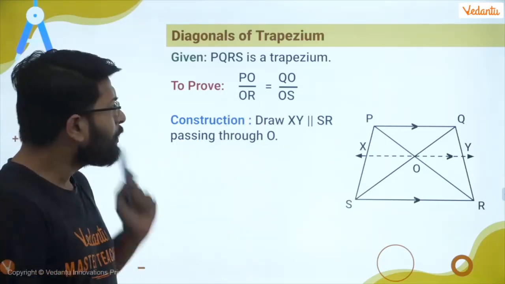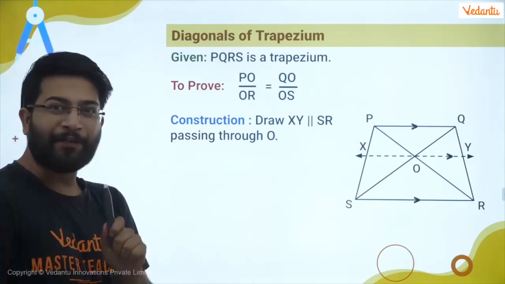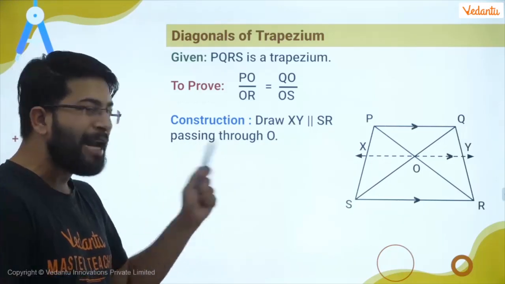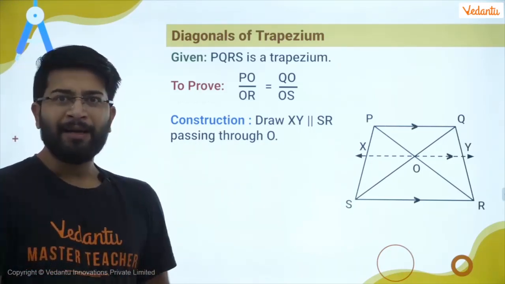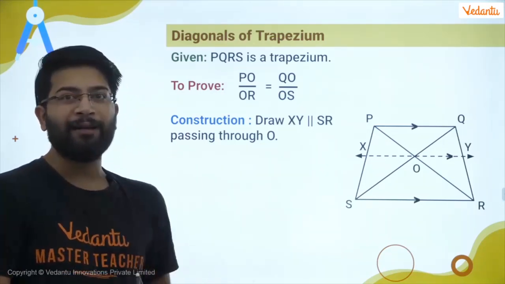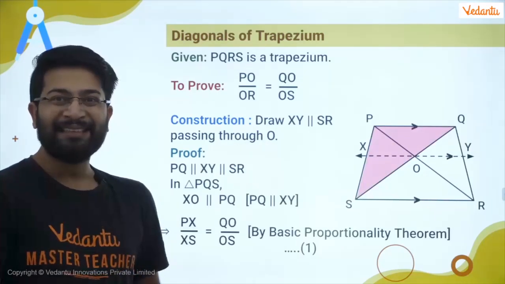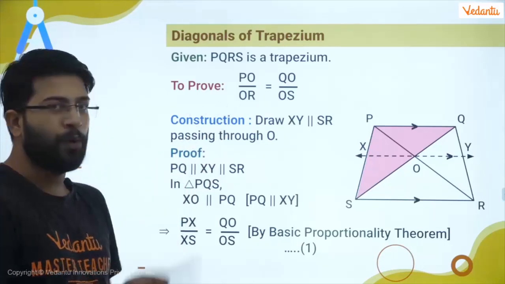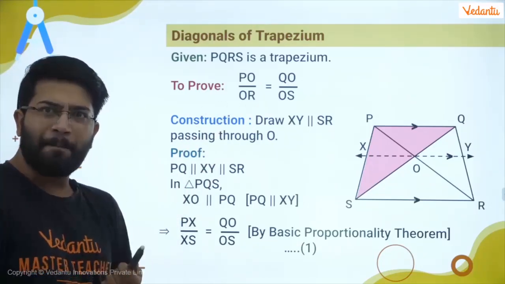We can see that the line XY, which passes through the point of intersection of both the diagonals, is parallel to PQ and parallel to SR. Now, in order to apply BPT, we have to consider those triangles where one side of the triangle and the line XO are parallel. In the first one, we can consider the triangle PSQ, where PQ is parallel to XO, so that we can apply BPT.